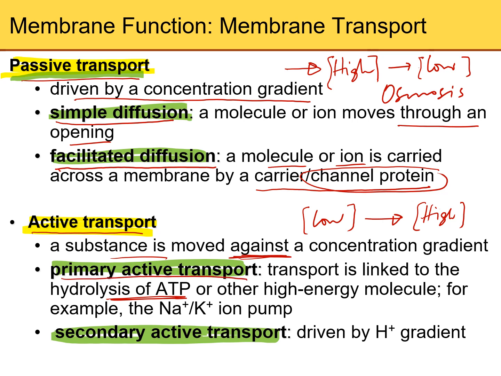The other flavor, secondary active transport, is driven by a proton gradient. For secondary active transport, you have two parts. One part is the primary transport, and the second part is the proton gradient, which is generated by primary transport and is used to move ions. We'll see this in more detail, and it'll make more sense.